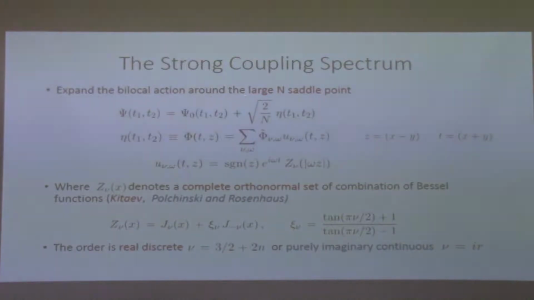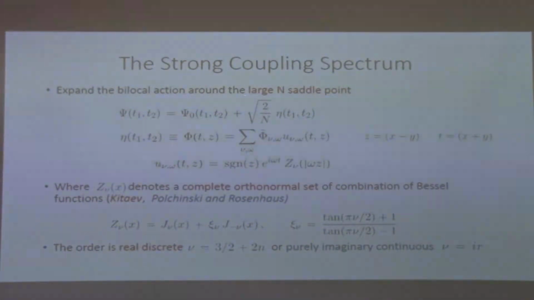Okay. So let's proceed by standard methods of large N. In order to read out the spectrum of the theory, you need to expand around the saddle point, which is psi naught, by this fluctuation which I call eta. And then as you would do in any field theory, you would try to expand the fluctuation in a suitable basis.